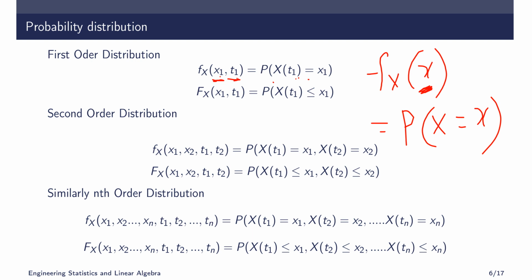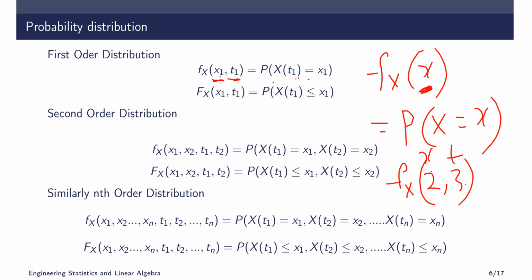x. Okay. So for example, fx of 2 comma 3 means what here? This is x, this is t. So fx of 2 comma 3 for a throwing die experiment means getting a 2 at the third minute, or when throwing the third time, what is the probability of getting a 2 while throwing it the third time?